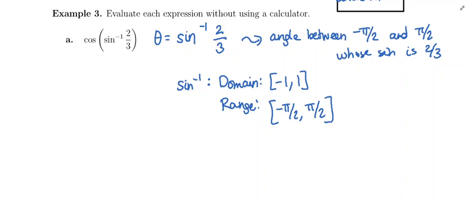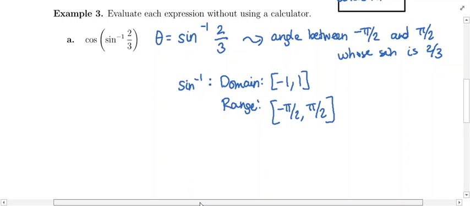That doesn't mean that this value does not exist, because we are allowed to plug in 2/3 to the sine inverse function. It is a valid input. So we have to use a different method to figure this out. We cannot rely on the unit circle. Let me show you what you need to do here.